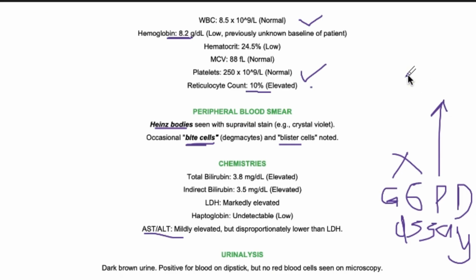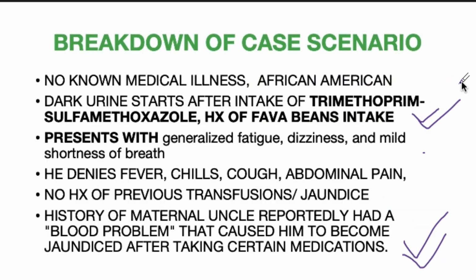Breakdown of the case scenario. So in this case scenario, you have an African male patient, no known medical illness, who presents with dark urine, which starts shortly after intake of trimethoprim sulfamethoxazole, a sulfonamide, and a history of fava beans intake.